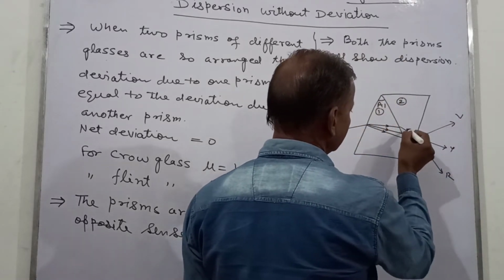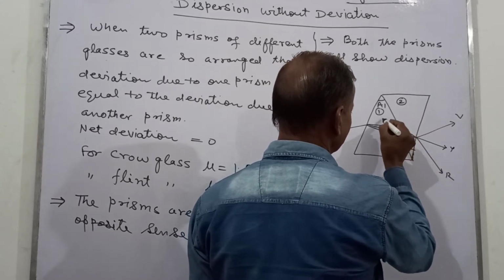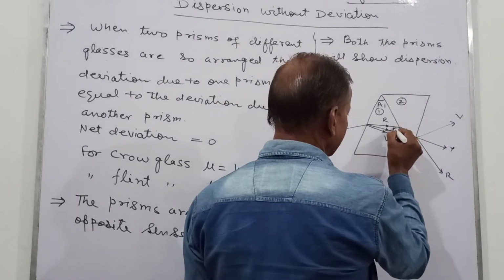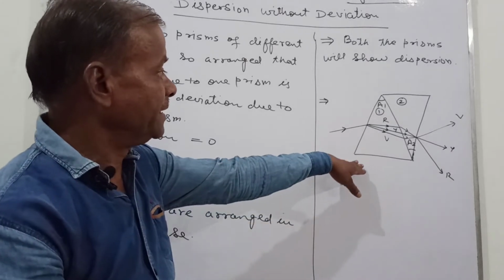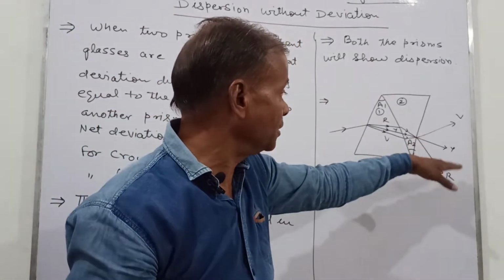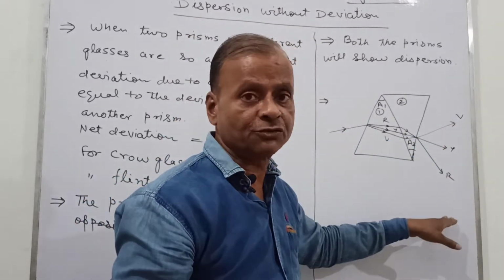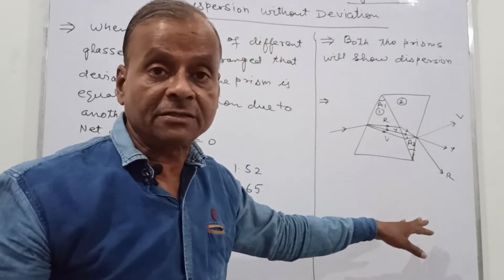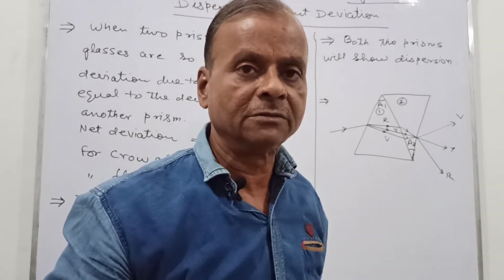So this is now red color. This is violet, and this is yellow. So you see that the deviation is 0 for the medium color, not for all colors, because red and violet are showing the deviation. So they are different. So it means that there will be no deviation only for the medium color.